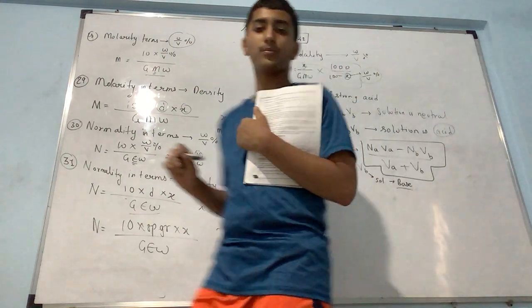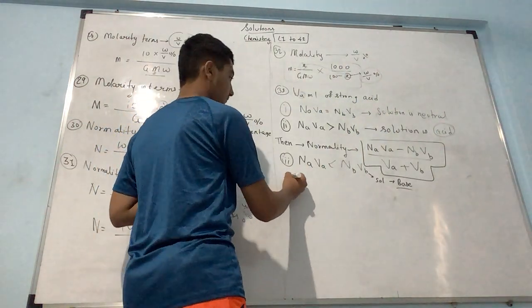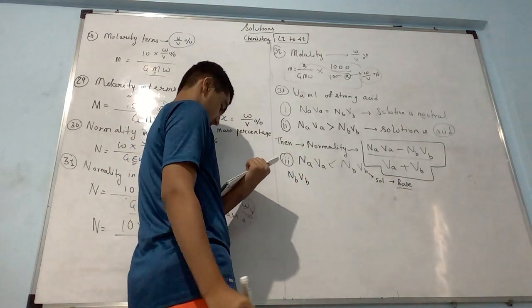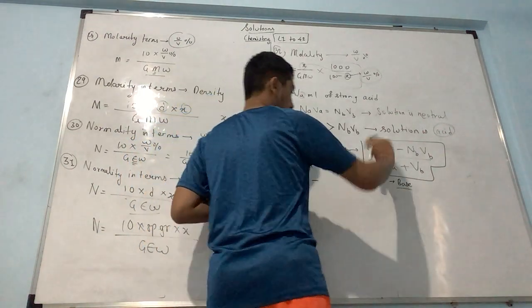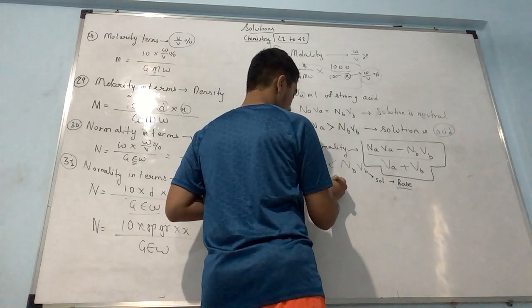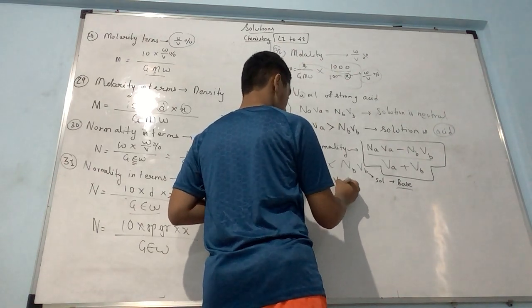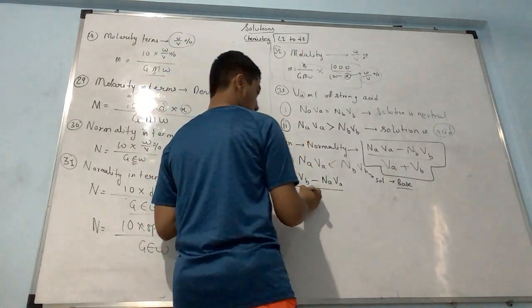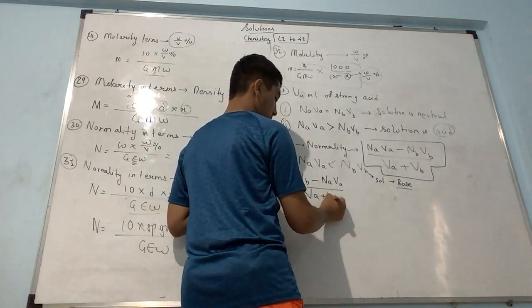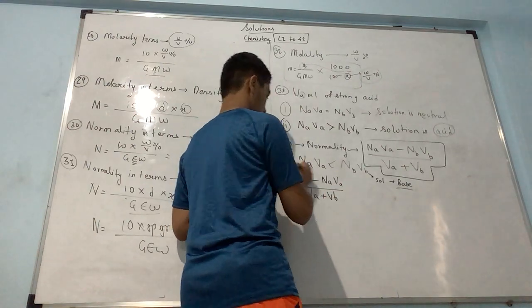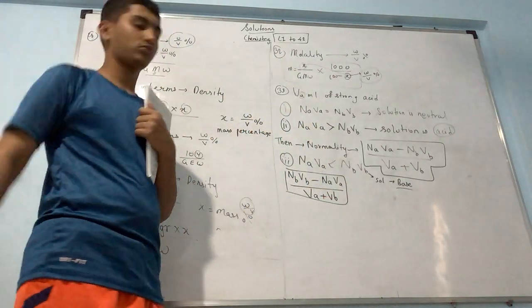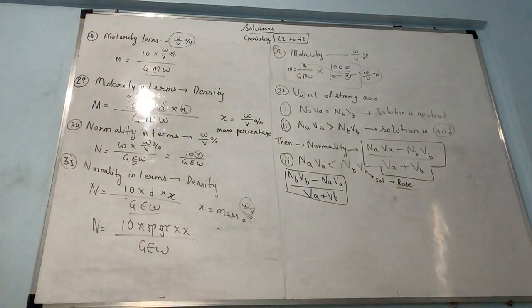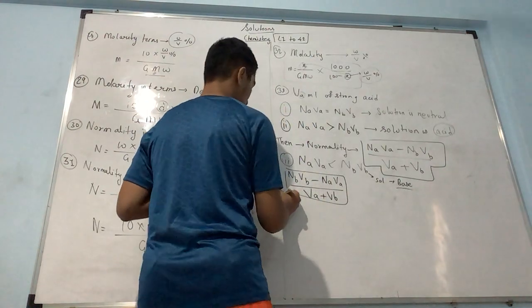Then we will use the formula NBVB minus NaVA, just the opposite of this, upon VA plus VB, as it is. Easy. Good. 34th point.